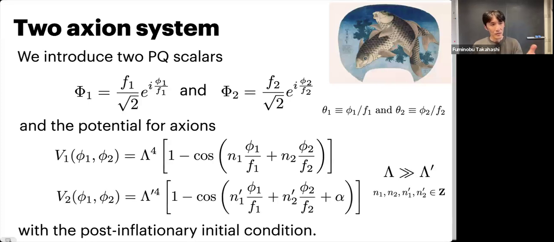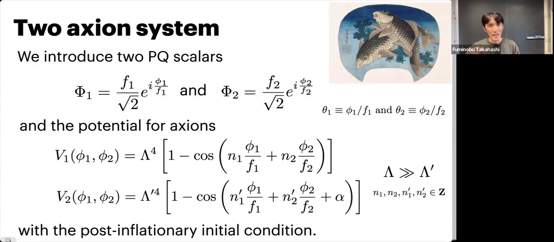And to mimic the contribution from the non-perturbative QCD effects, we introduce V2. If we apply this model to the QCD axion, this V2 should come from the interaction with gluons. So lambda prime is roughly given by the QCD scale, or the pion mass times the pion decay constant. Here N1 prime and N2 prime are different anomaly coefficients, and they are also integer numbers.